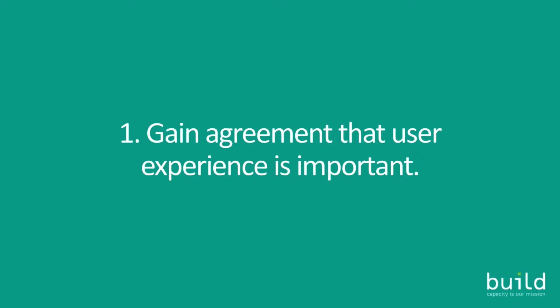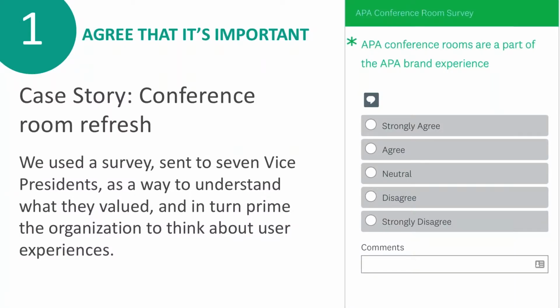So the first one I want to talk about is gaining agreement that user experience is important. I'm going to use a case study of something I was involved in at an organization where I served as an interim CIO. There are 7 vice presidents, and everybody there is very tired of the conference rooms. I could have undertaken this project simply by finding new vendors, getting some demos, making a decision unilaterally, and then organizing trainings for staff about how to use the new conference room technology.